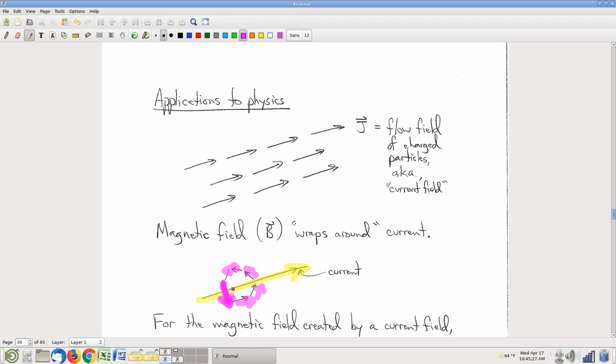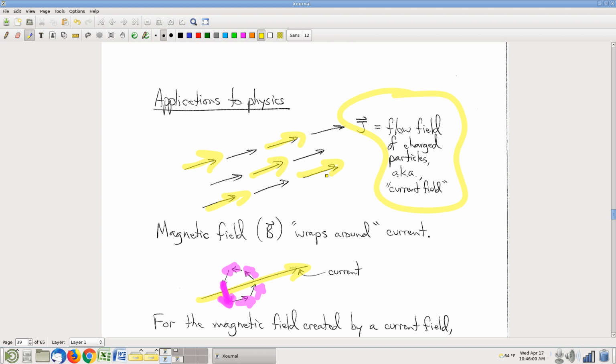Okay, so this fact about physics is not just for current in a wire. This is also true of what we call a current field. In the same way that water can flow in a pipe, or water can just flow like in the ocean, likewise, charged particles can flow in a wire, or they can just flow like in an ocean of charged particles, like a fluid of charged particles.